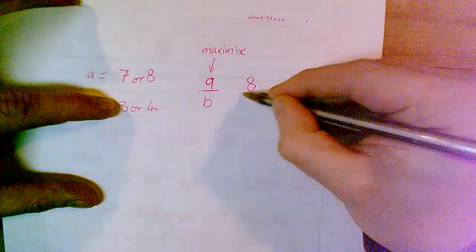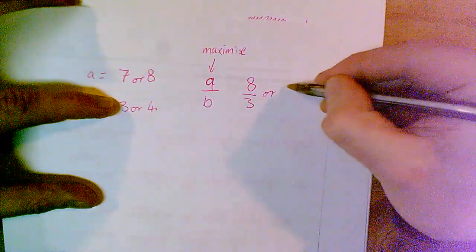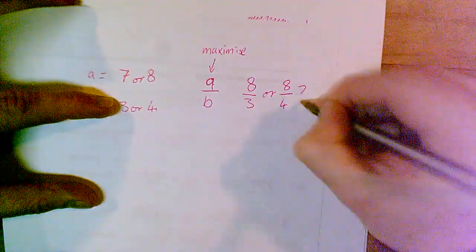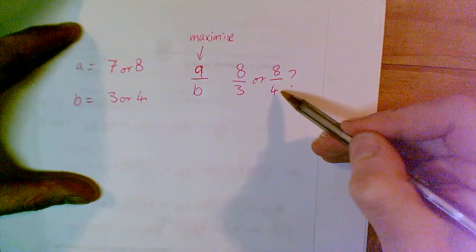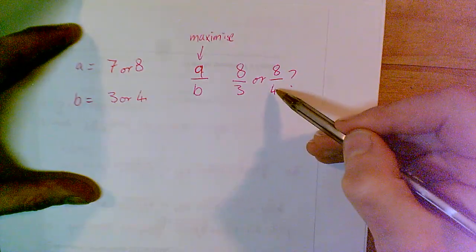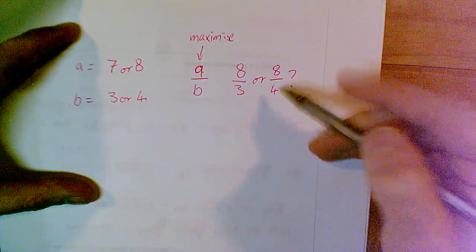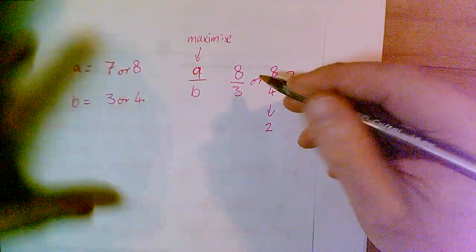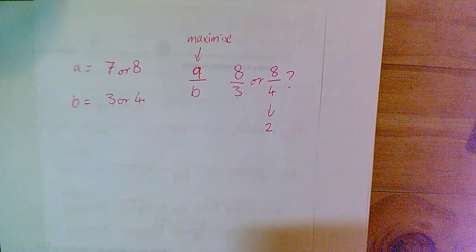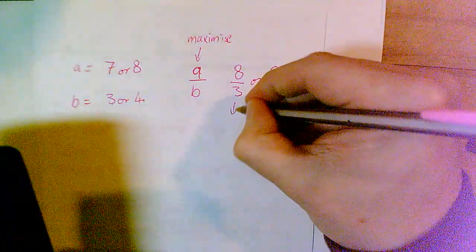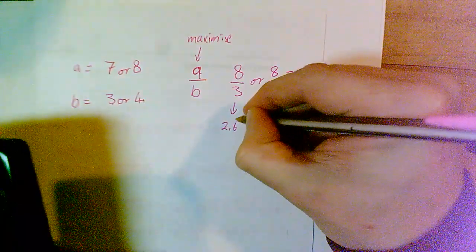So I can either do 8 divided by 3 or 8 divided by 4, which is going to be bigger? Naturally in your head you think, oh, I want the biggest thing, so I'm going to choose the biggest number. But 8 divided by 4 is just 2. 8 divided by 3, to be precise, is 2.6 recurring. That's bigger.